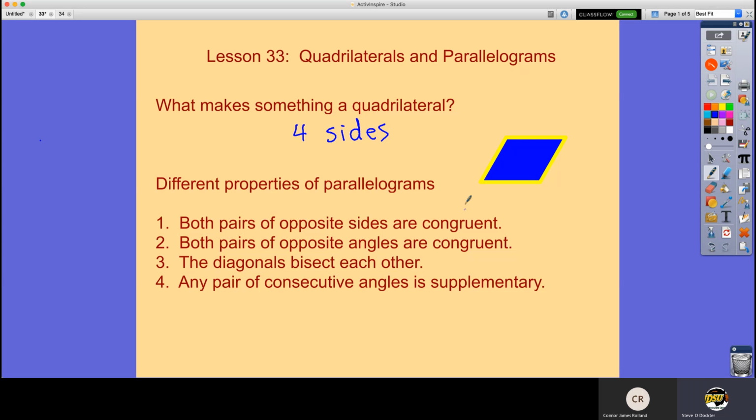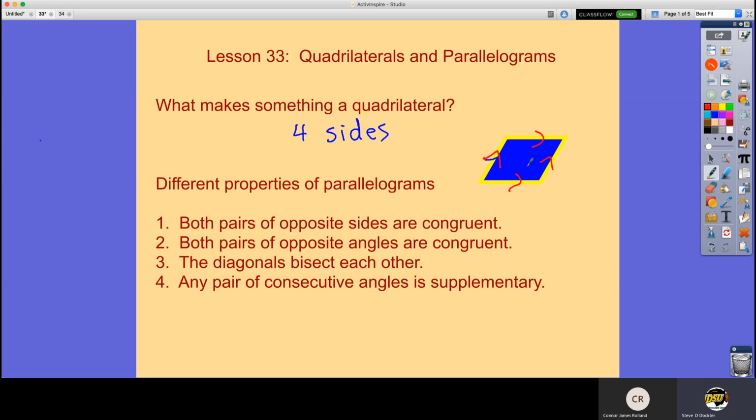First, opposite sides are parallel in a parallelogram. But we also know that opposite sides, including the top and bottom, are congruent.